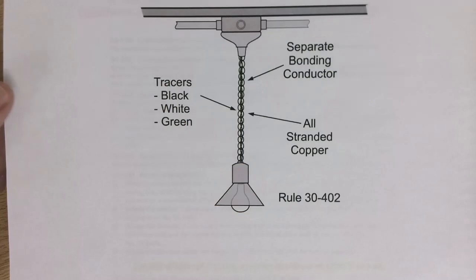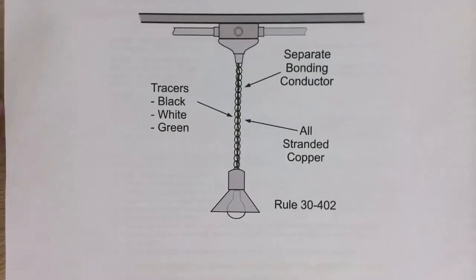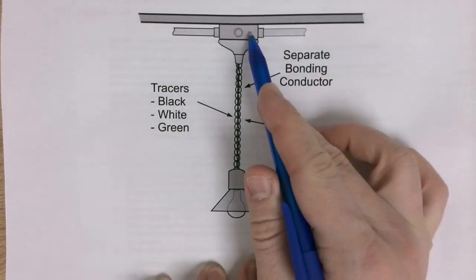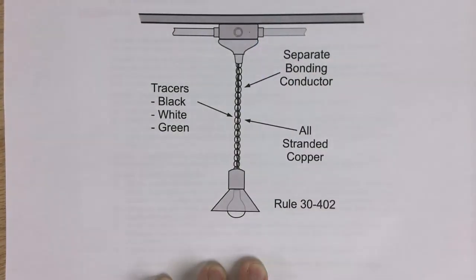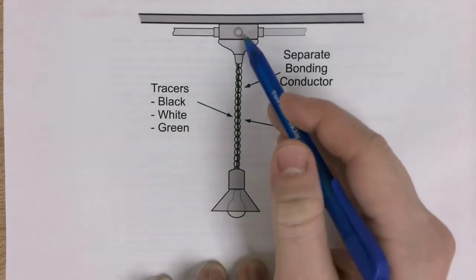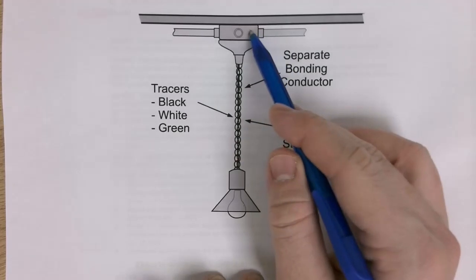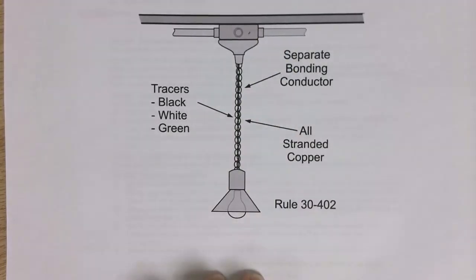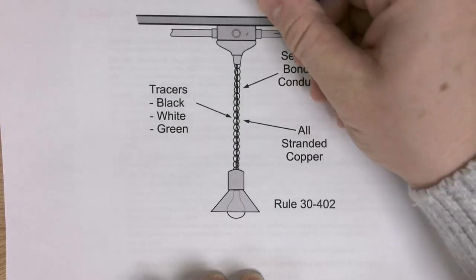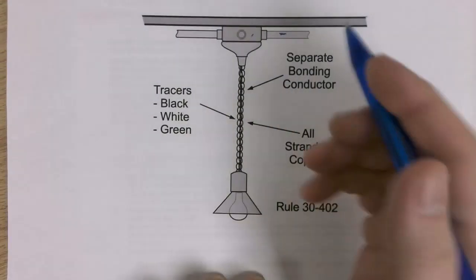Now, pendant lights have some specific rules. Normally the luminaire is attached to this junction box. And this junction box, should it be metal, shall be bonded. So maybe this is EMT coming in, and the EMT is the bonding means.